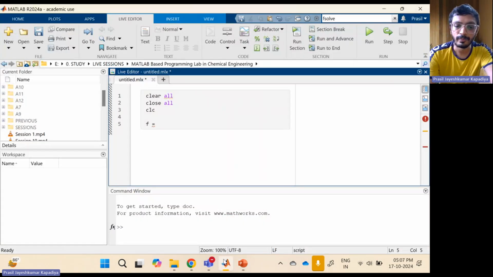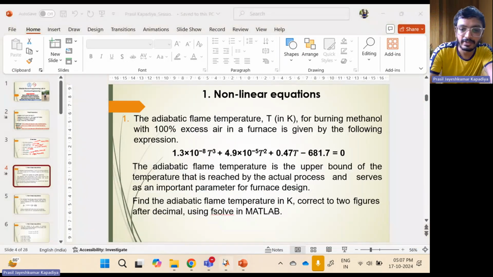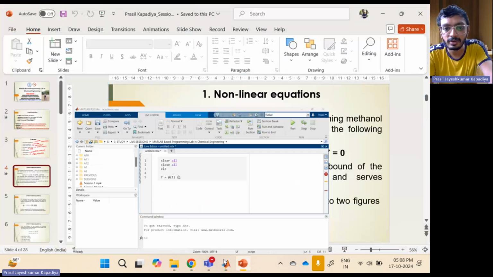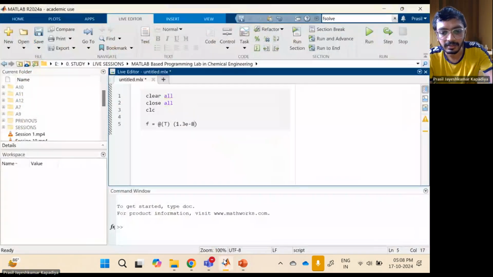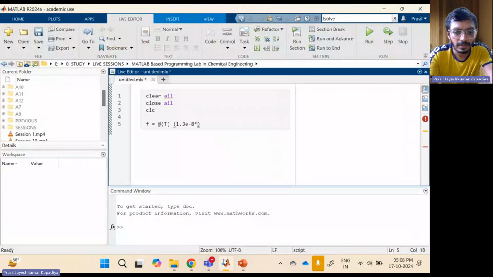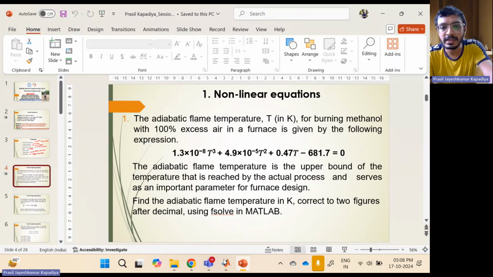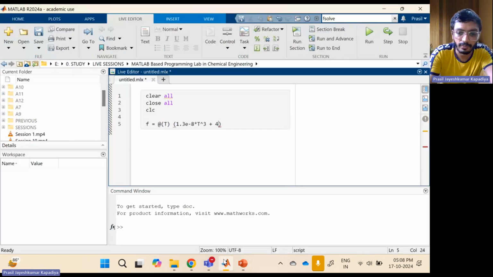So F is equal to, at the rate of T, something that I want to solve for. What is the equation? 1.3 into 10 raised to minus 8 T cube, so 1.3E minus 8 into T cube, plus 4.9 into 10 raised to minus 5 T square.